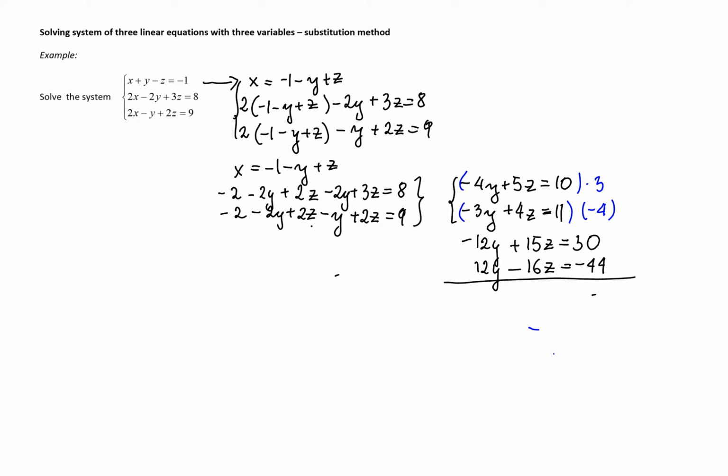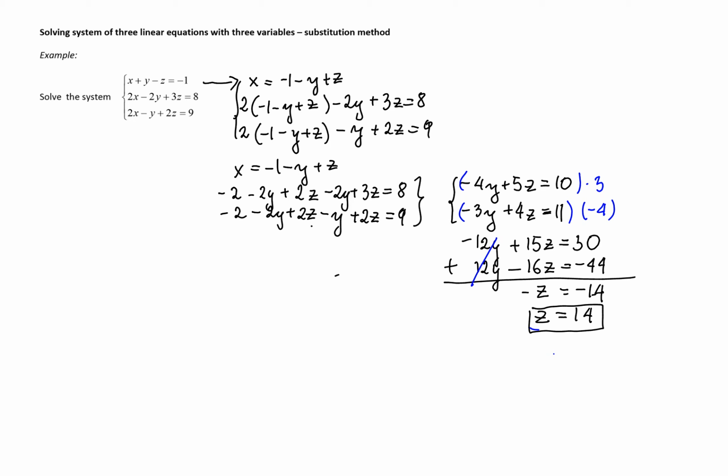Adding those equations side by side, we'll get the y term to disappear, and we'll have -z on the left equals -14 on the right, and therefore z equals 14 after multiplying both sides by -1. So we got the value of z.